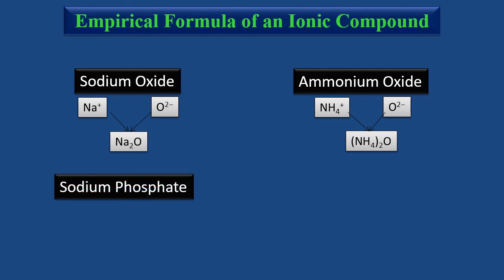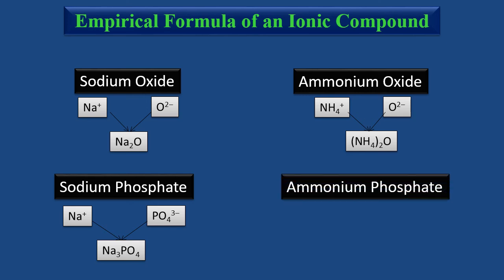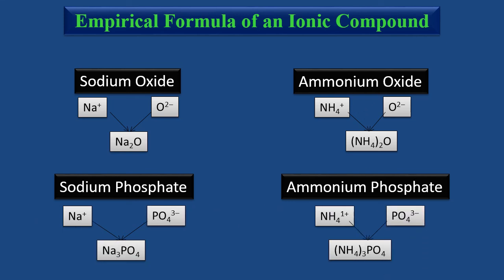And then we have sodium phosphate, Na+, PO4 3-. So its empirical formula is Na3PO4. And writing the ammonium phosphate formula, we use parentheses with NH4. So its formula is (NH4)3PO4.